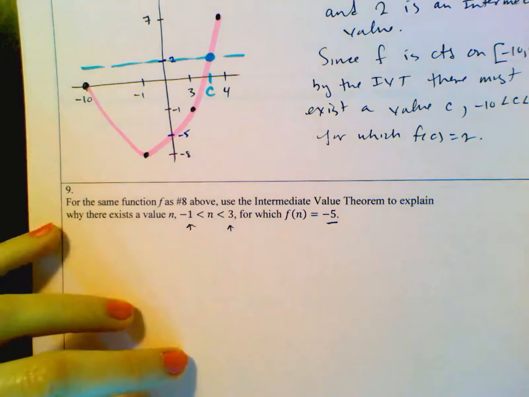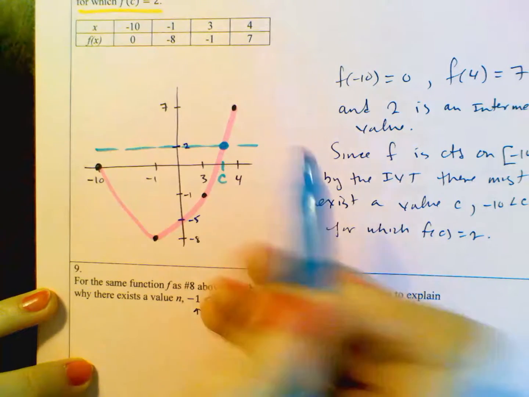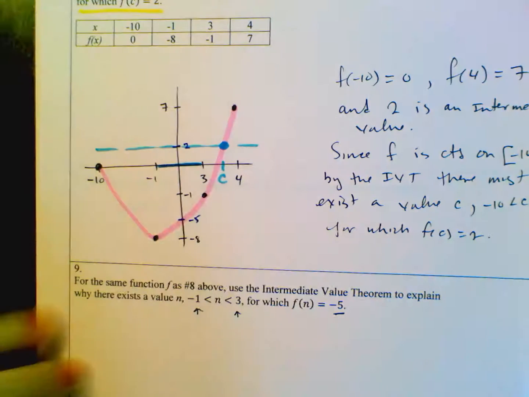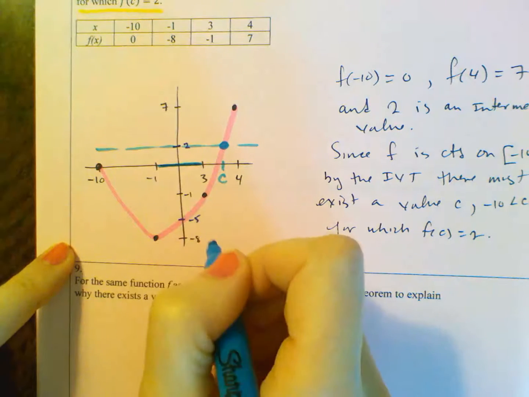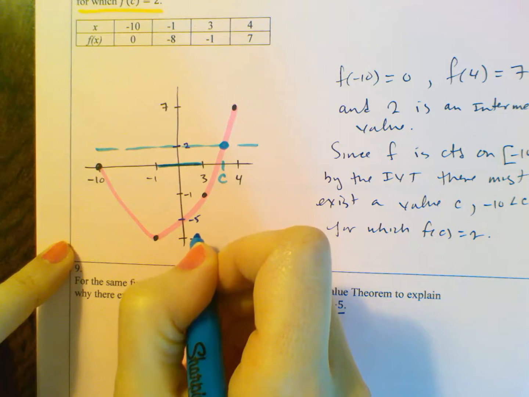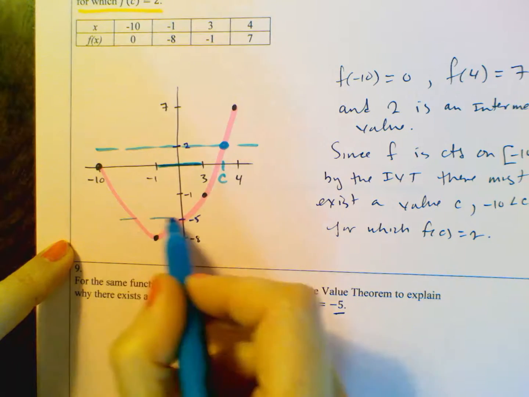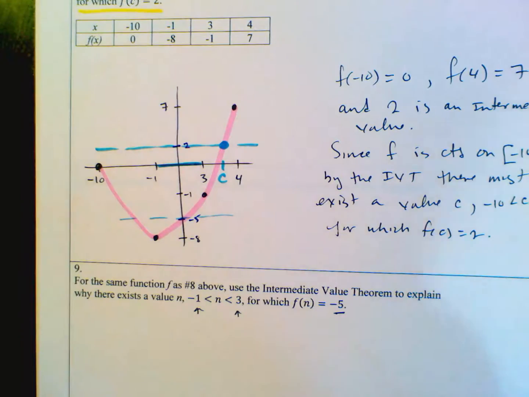If you look at my picture, basically I want to prove that on this interval here, there is an n for which f of n equals -5. The way I drew it, it looks like it's happening right at 0, but that's just how I drew it.